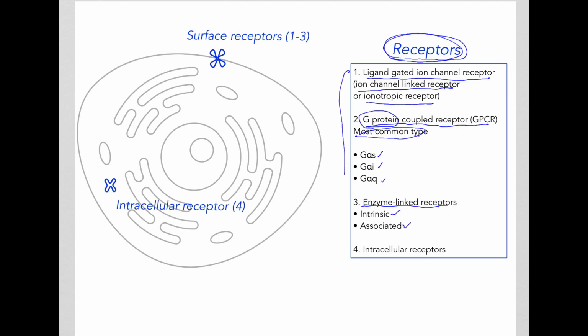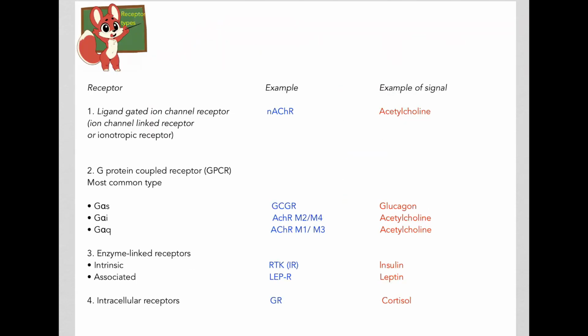So these three here are surface receptors. And then we'll talk about the intracellular receptors. These are receptors found inside the cell rather than on the surface. We have covered these receptors in our previous videos.